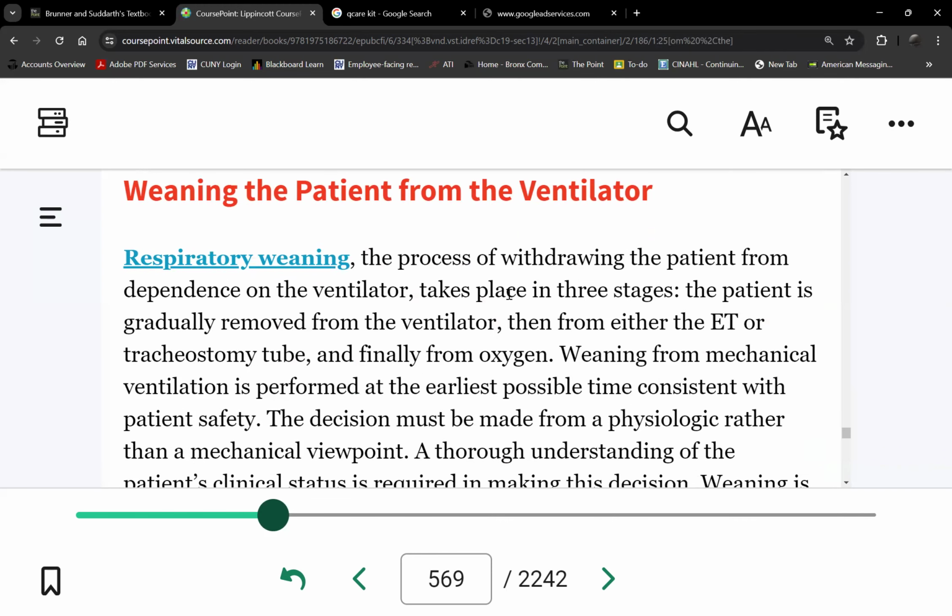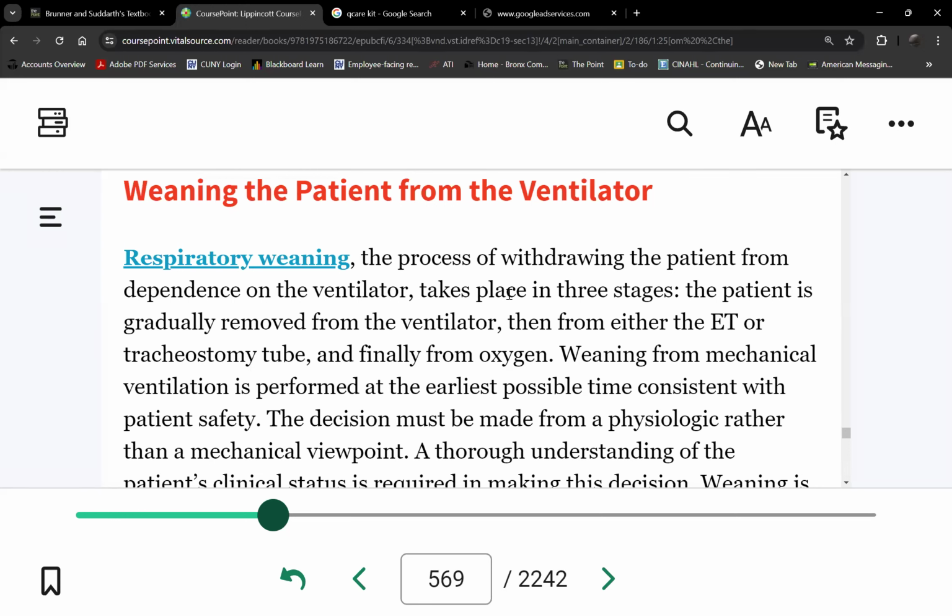Briefly talk about weaning. What were those two modes of mechanical ventilation that are used for weaning? CPAP can be used, but we really didn't mention it because it's not a mode. So what else?